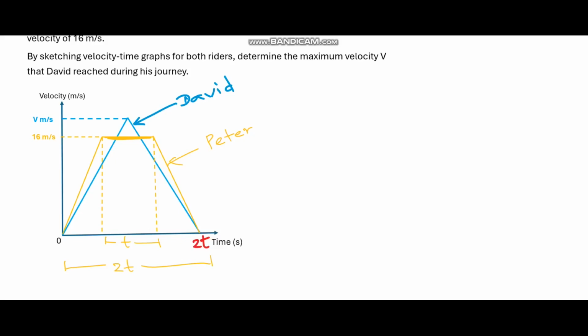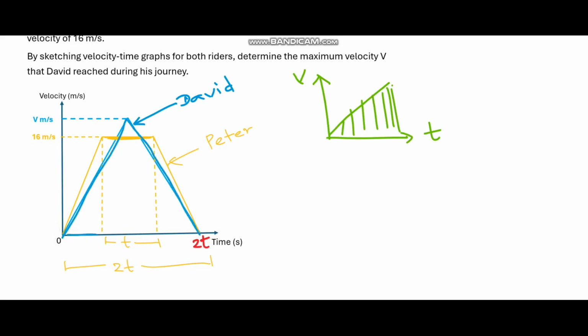Now, the key thing to keep in mind is that when you have a velocity time curve, the displacement is given by the area below the curve. So if we look at David's journey, that area below the curve is given by this blue triangle, the area of this blue triangle.